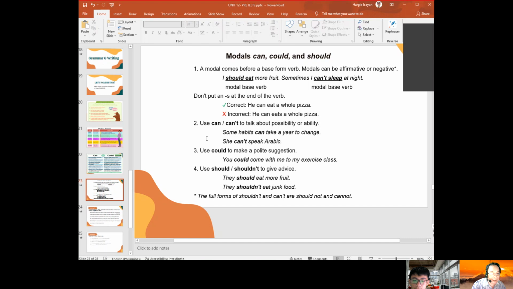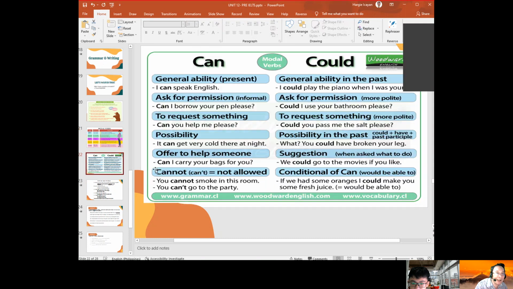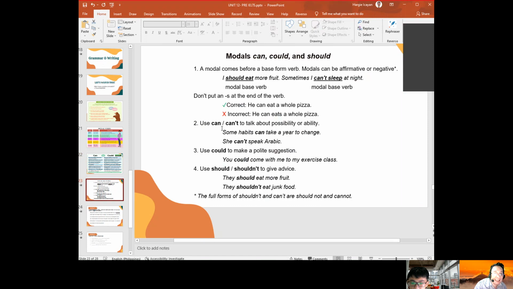Next, number two. You can to talk about possibilities or ability. Again, going back in here, we use can if we are going to talk about possibility and ability.